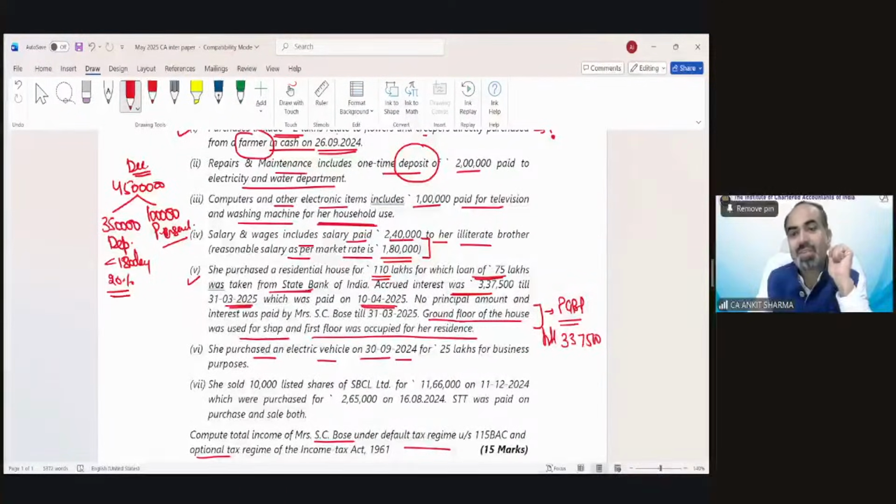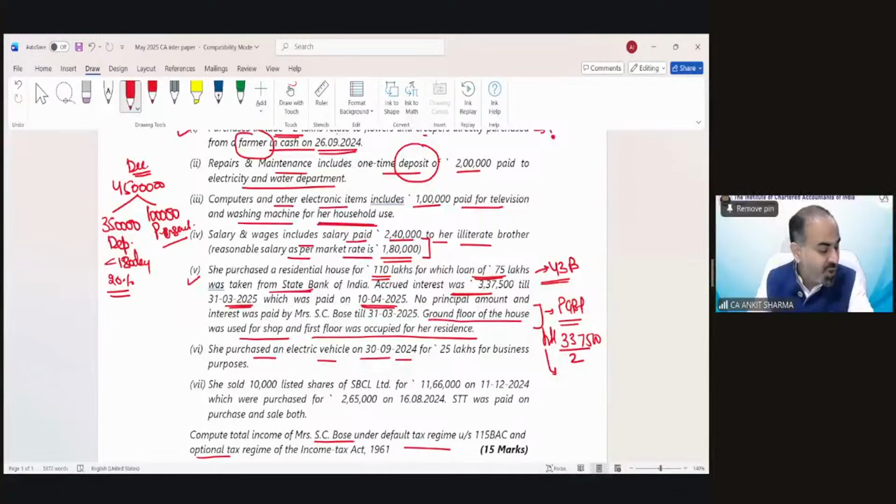Now this is related to section 43B. If you remember, interest payment would be allowed if the payment is made up to the due date of ROI. The payment has been made on 10th April 2025, which is before the due date of ROI. So 50% of this interest would be allowed under business, because the ground floor has been utilized by the assessee for a shop.